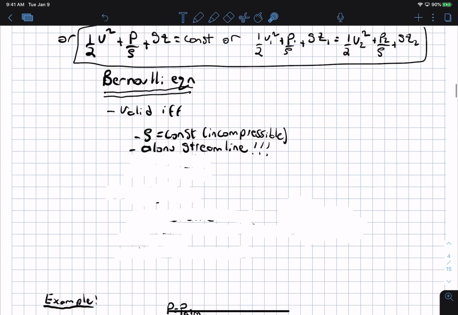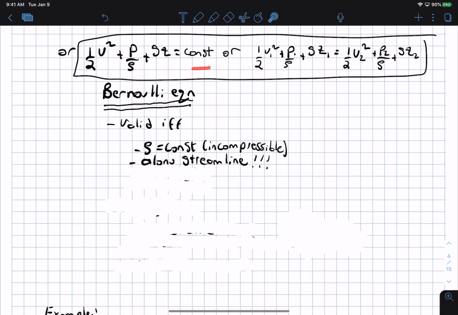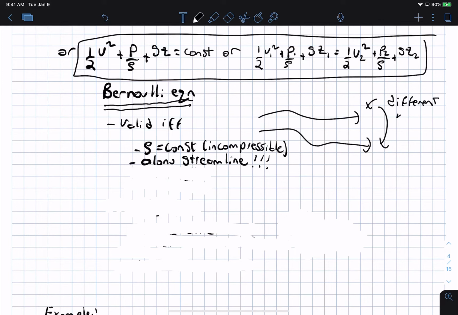At 2 different streamlines, the Bernoulli constant will be different. So you could say if you had streamline 1 here and streamline 2 here, these would have different constants for Bernoulli.